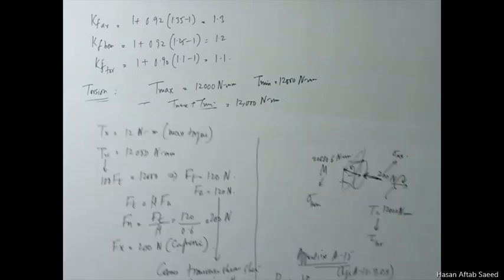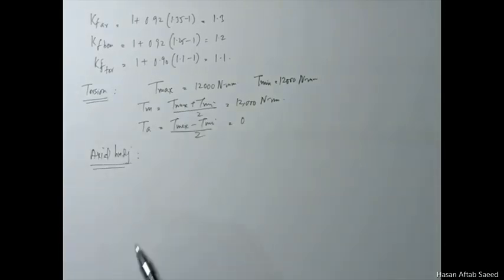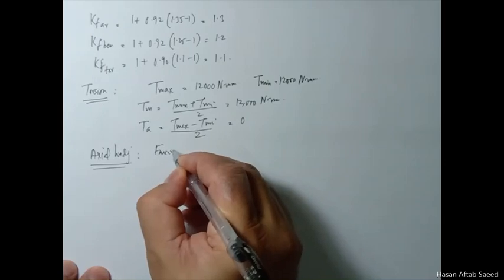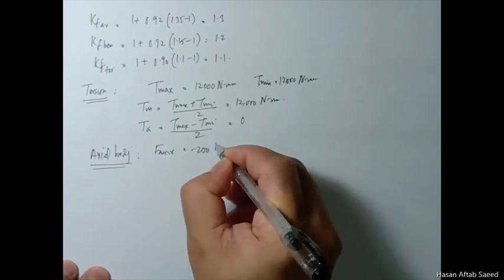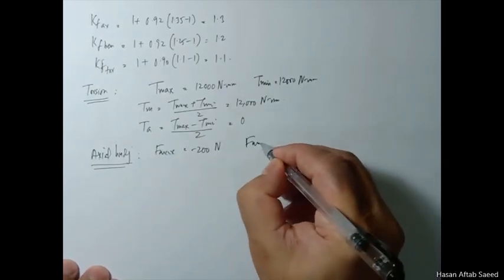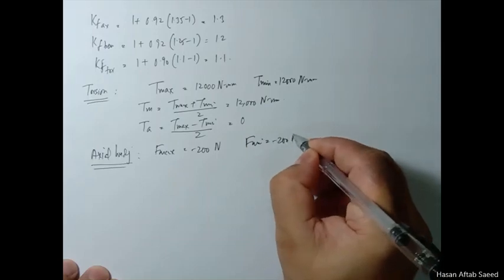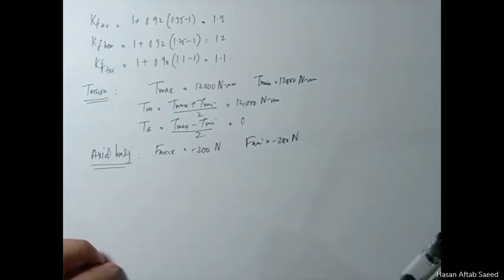So using the same thinking, F max here will be minus 200 Newton, which we just calculated. F min is again minus 200. There's no fluctuation here, because the moment you remove the tool, there's 0. Your cycles of loading are the time interval in which you have pressed your tool against it.